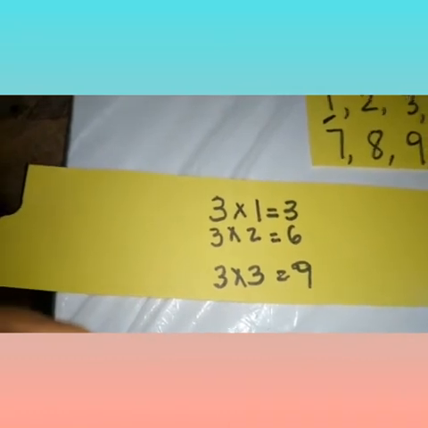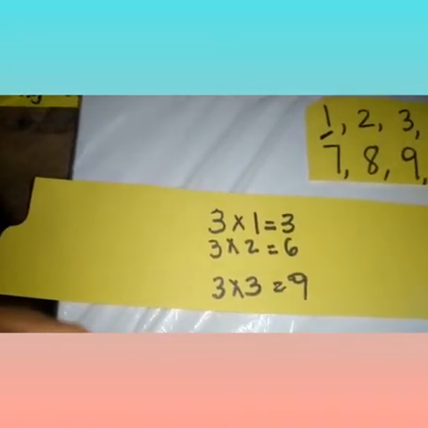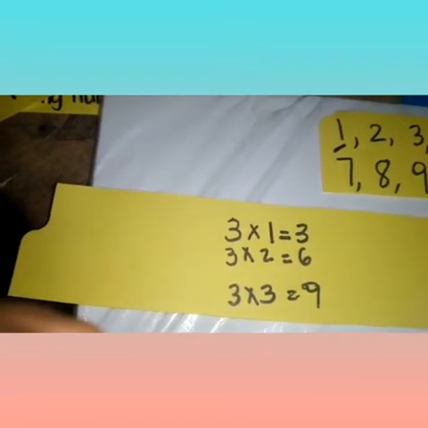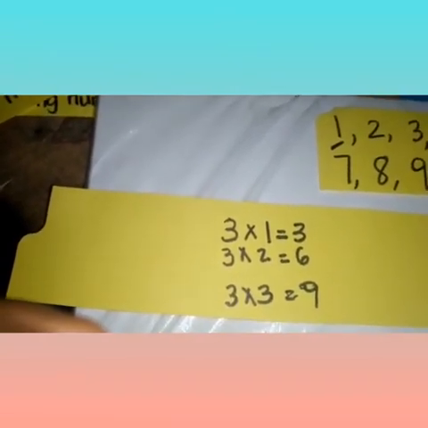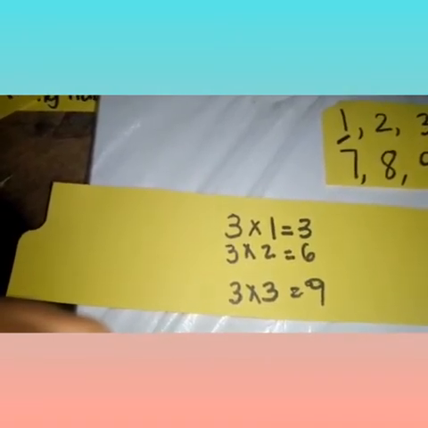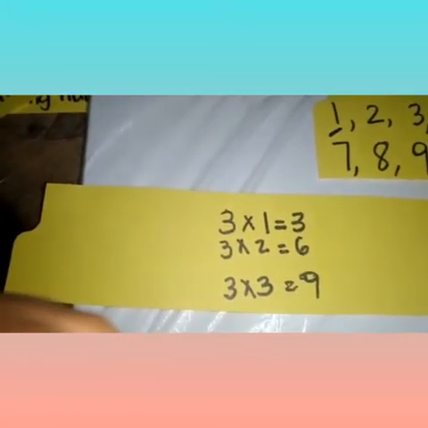Alright, now there is another term called lowest common multiple. In order to find that, you most times will be given 2 numbers to find the multiples for, and then you're going to be asked to find the lowest common multiple. Now in order for you to find the lowest common multiple, you must know the multiples of the given numbers.